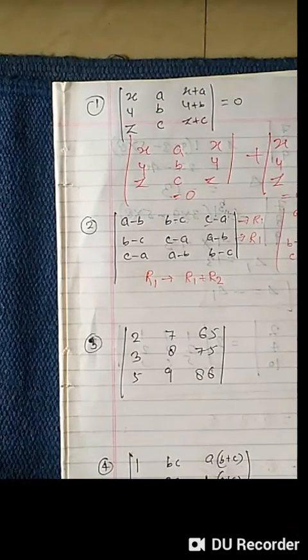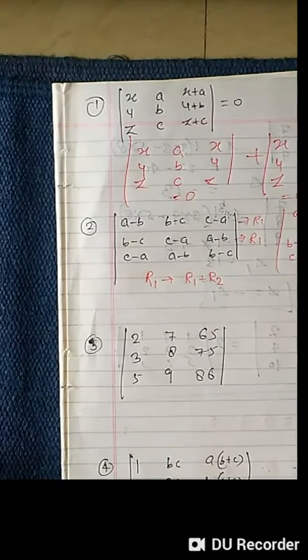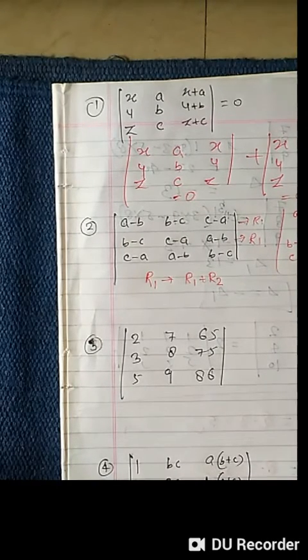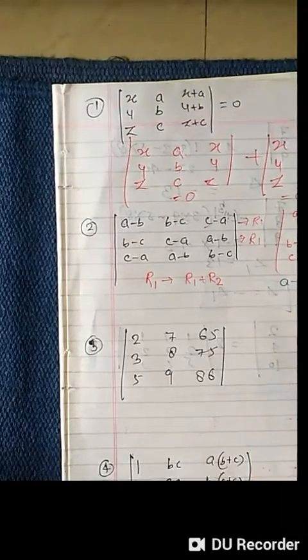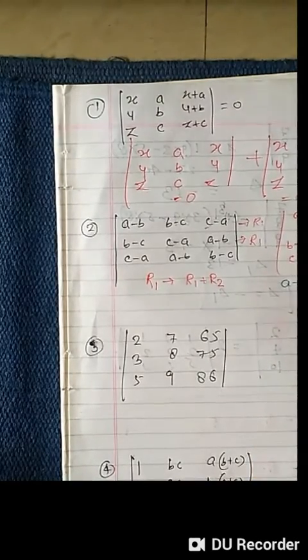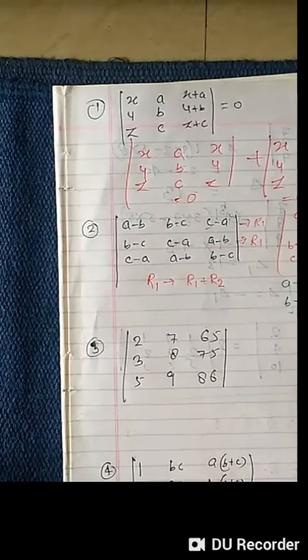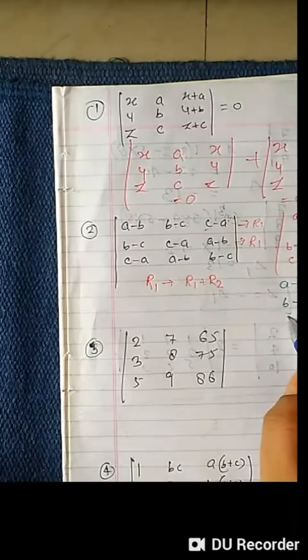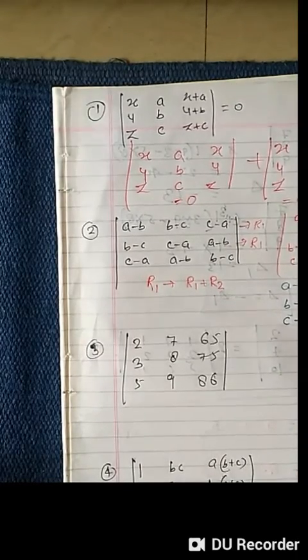Now this is a minus c, this is b minus a, this is c minus b. You can see here that the first row, a minus c, b minus c, c minus b, b minus c, c minus a minus b, and the third row, c minus a minus b, b minus c.